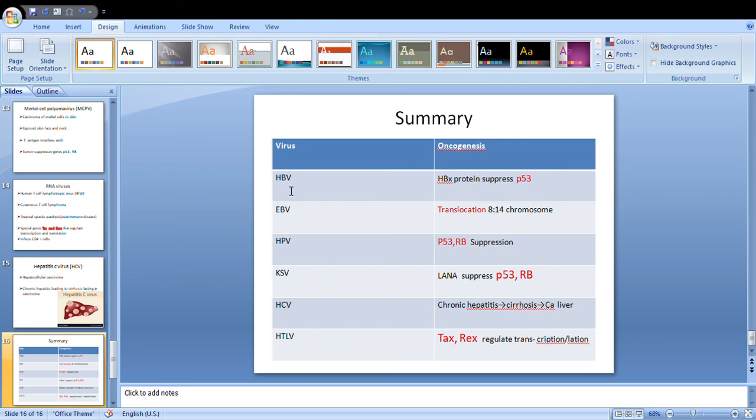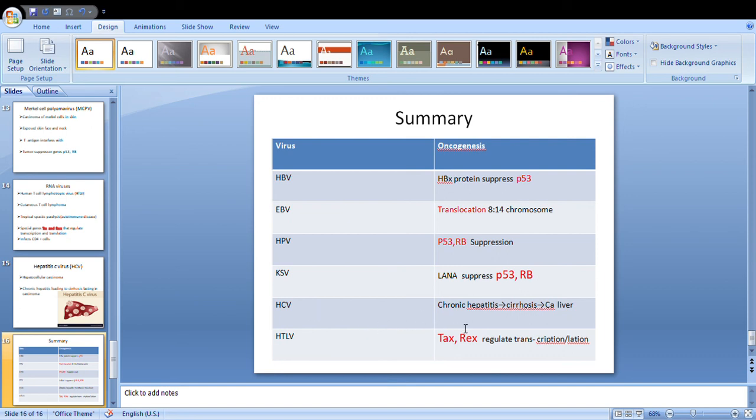Hepatitis B suppresses p53. In the Epstein-Barr virus, there is translocation of the cellular gene. The human papillomavirus once again suppresses the p53 and retinoblastoma genes. Kaposi sarcoma virus also suppresses the p53 and retinoblastoma genes.